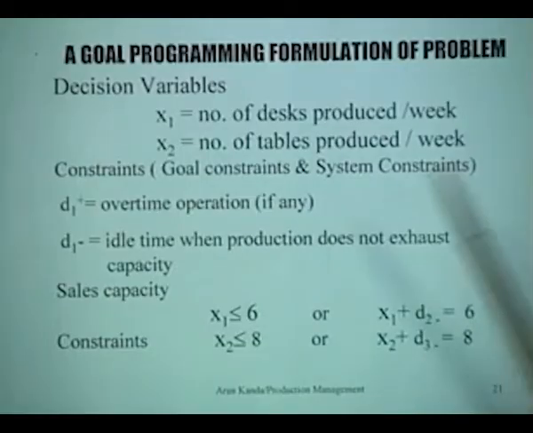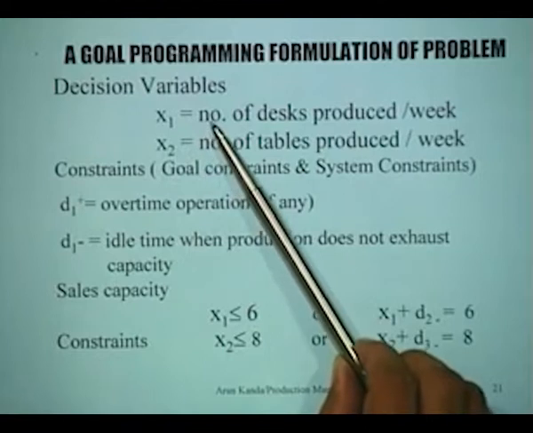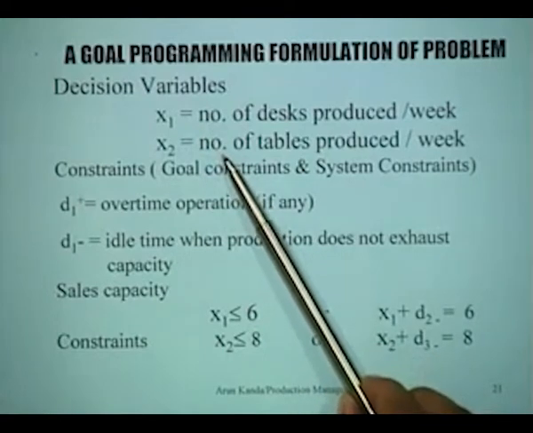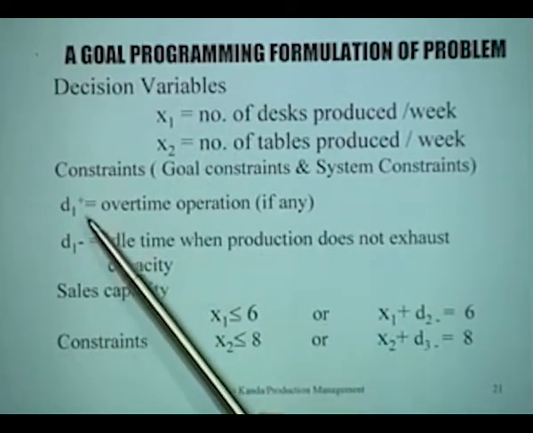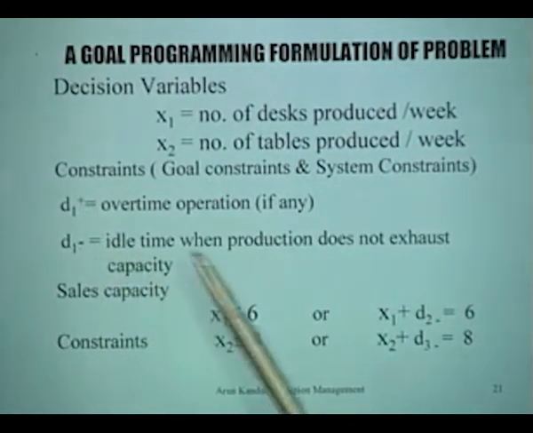And when you look at a formal definition of goal programming for the problem, it would be something like this. You have the number of desks and the number of tables as the two variables for the problem. We define an overtime operation if any, so there is D1 plus, and D1 minus is the idle time when the production does not exhaust capacity.